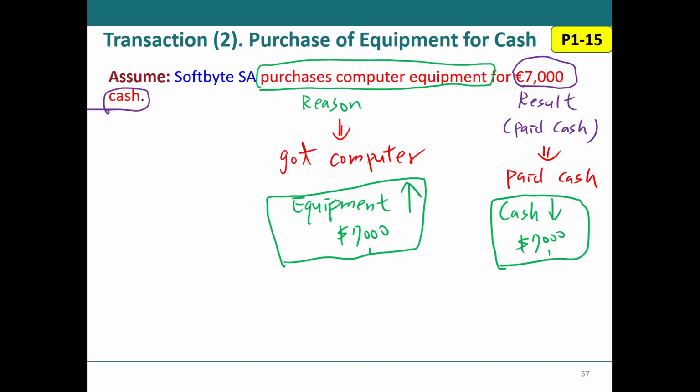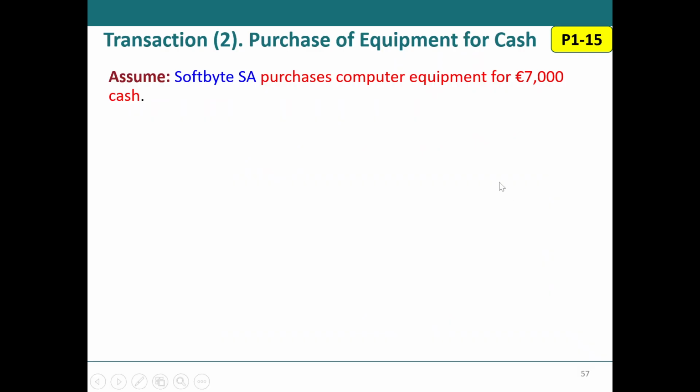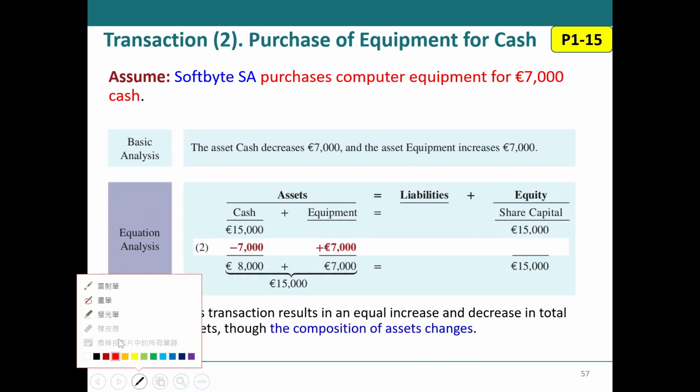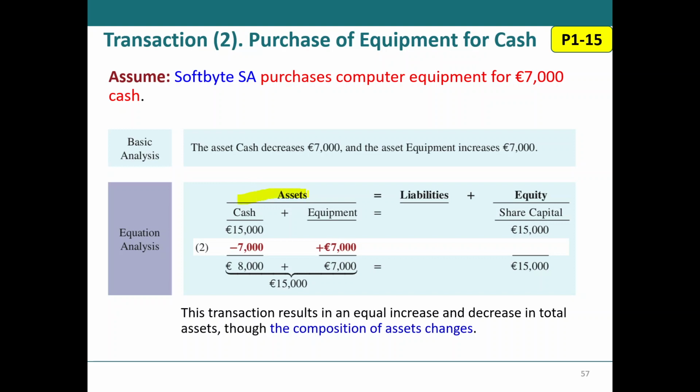Equipment is your asset. Cash is your asset. Okay? No problem? Okay. Then, since you understand it, we use the accounting equation. Don't forget, based on the accounting equation, asset equals liability plus equity.